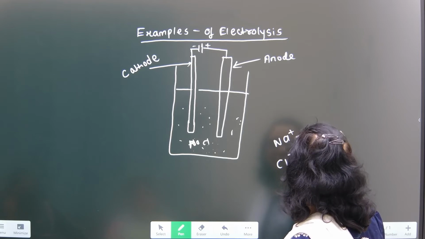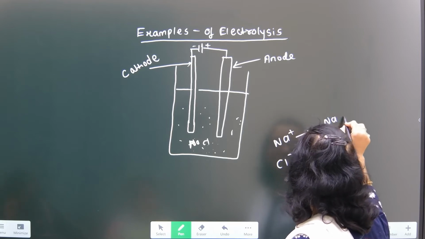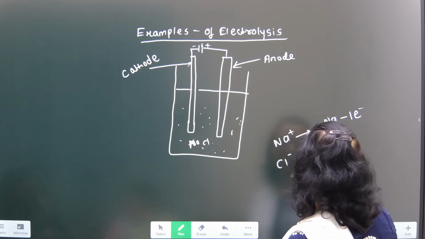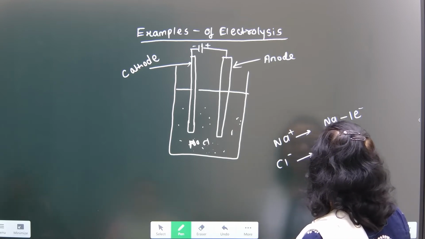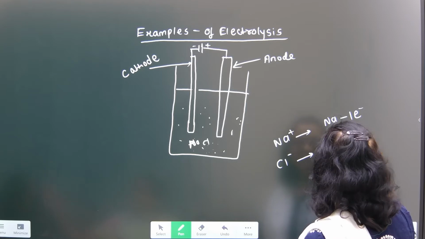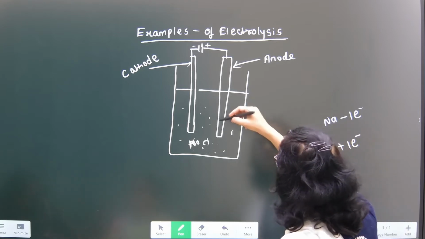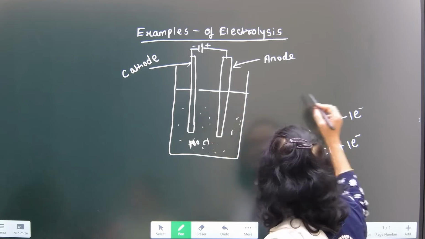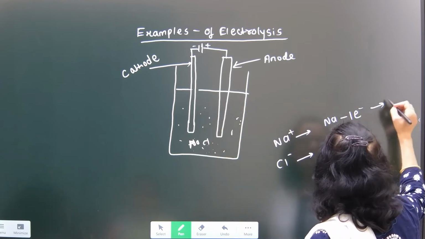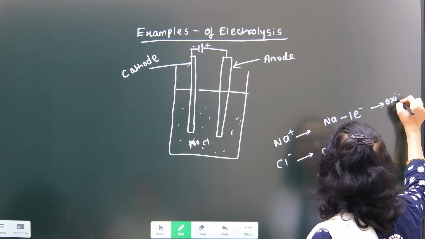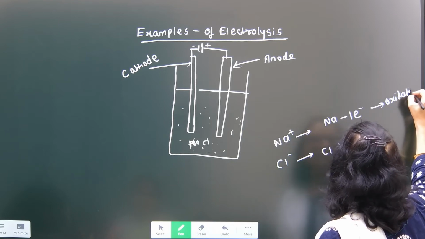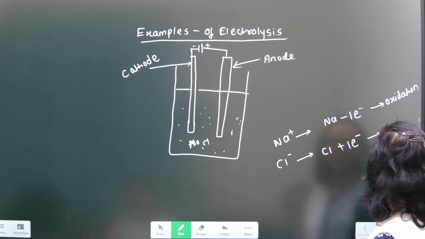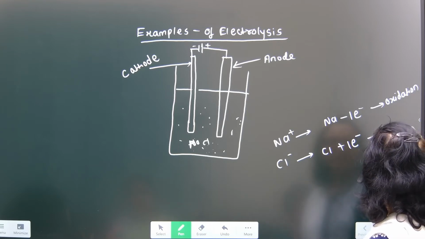So Na will gain one electron, and Cl minus will lose one electron at the anode, and this one is oxidation, and this one is reduction.